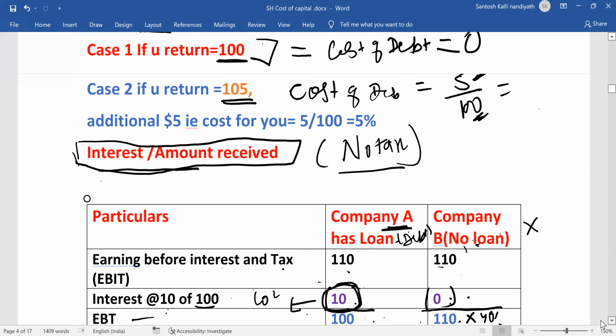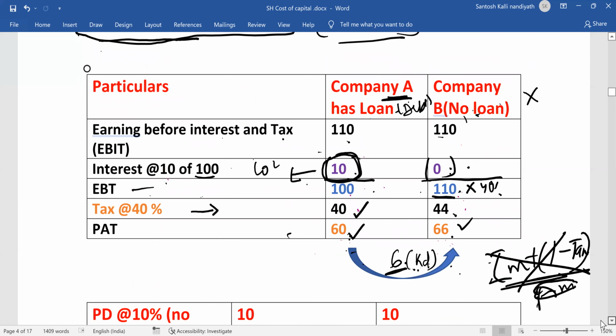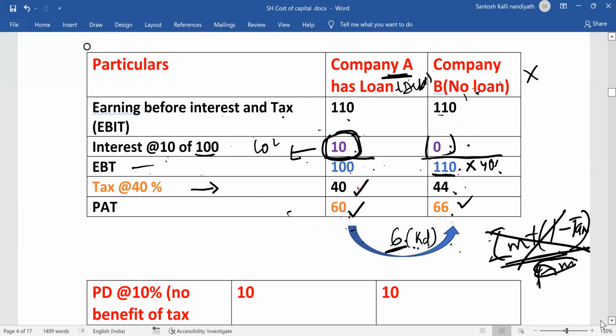Because in most companies tax would be applicable, due to this 10 of interest you are getting a $4 benefit. If the company is not taking a loan, they need to pay 4 rupees extra tax. That's why we say you will get a tax benefit if you use debt.